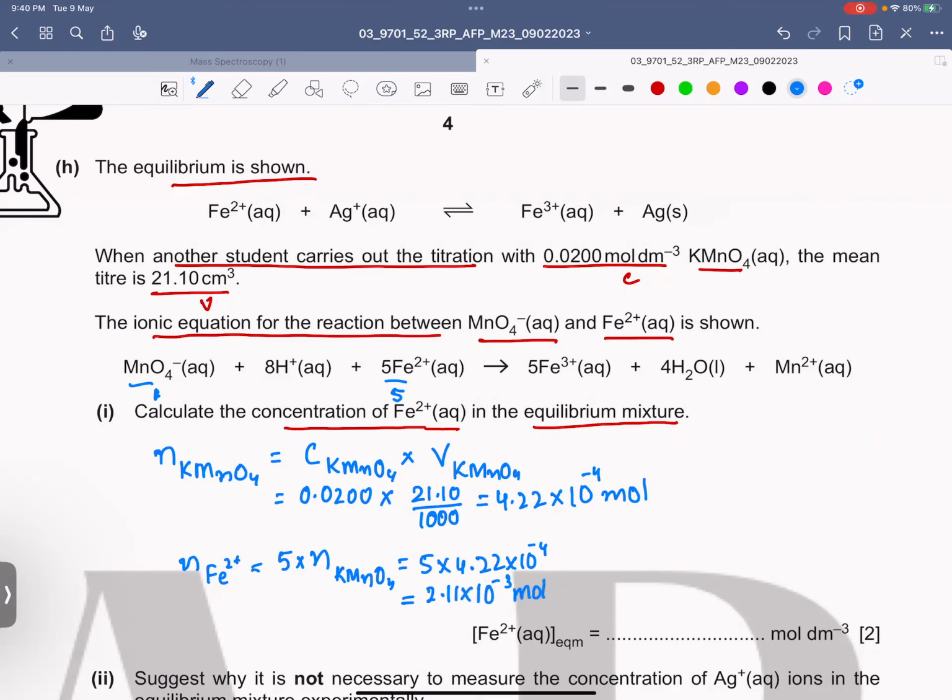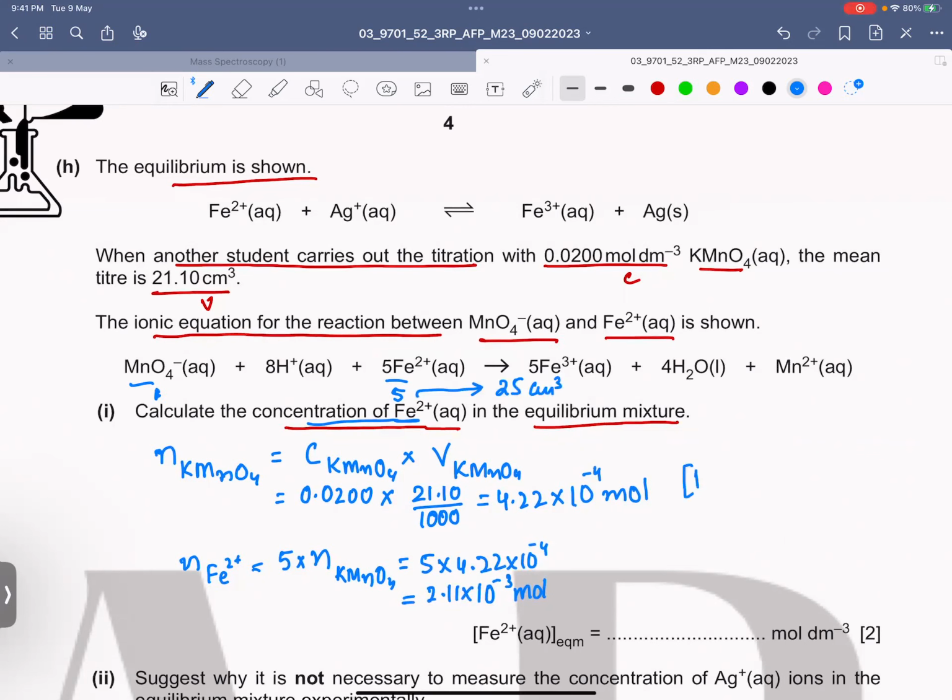And we have to find the concentration of this iron. If you recall, the reaction mixture that we used, in which the iron is present, is 25 cm³, right? So to find the concentration of iron 2 positive ions, we take these moles that we have found, 2.11 into 10 to the power minus 3, divided by 25 over 1000.